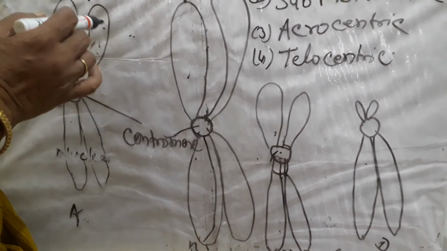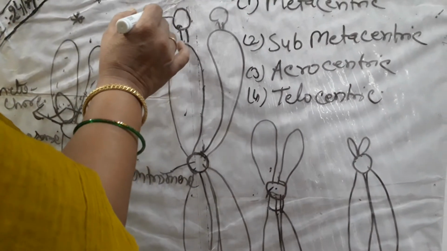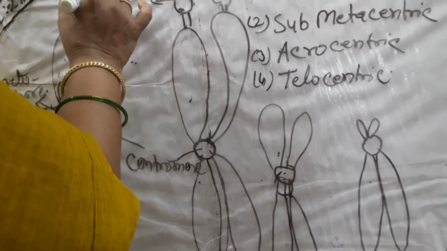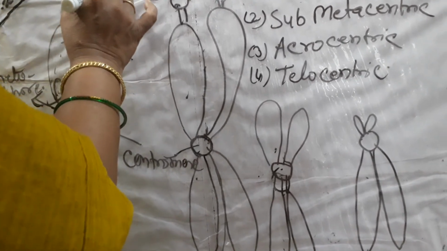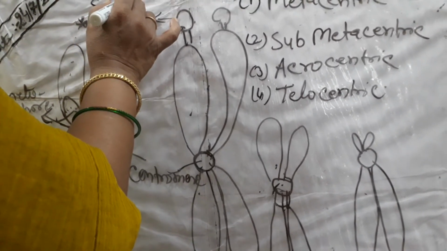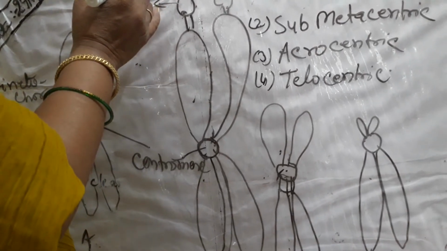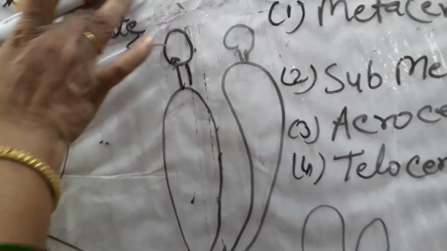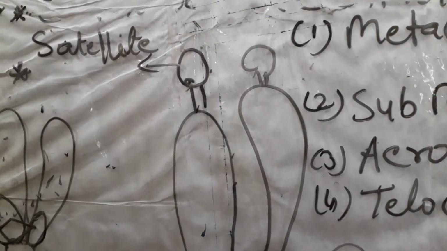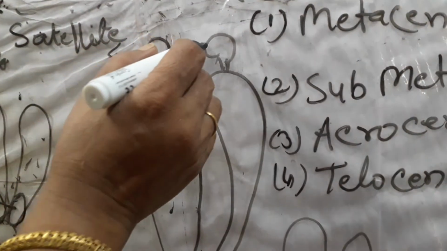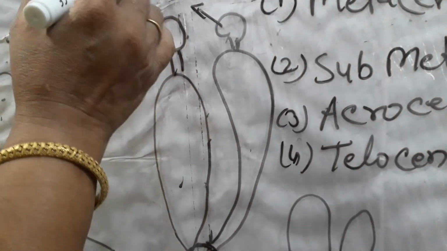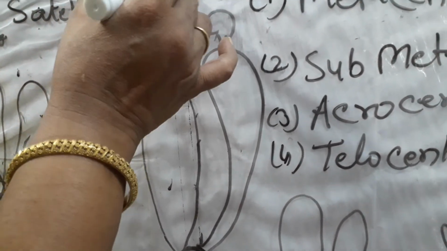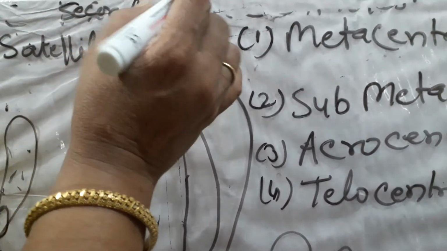So this structure is known as the satellite, and the constriction is also known as the secondary constriction.